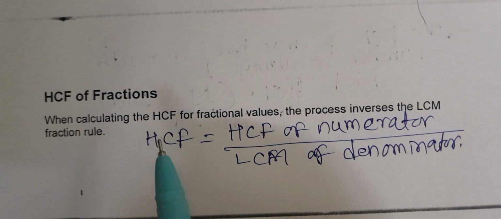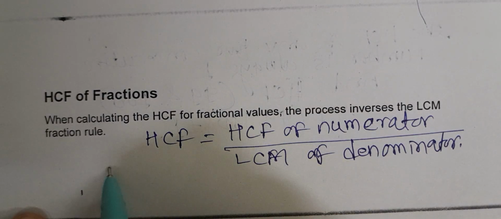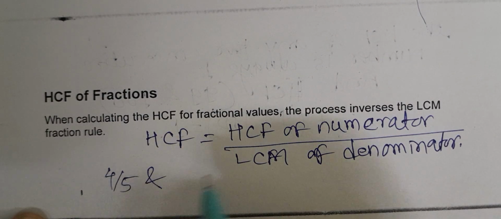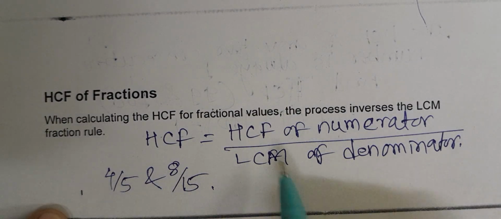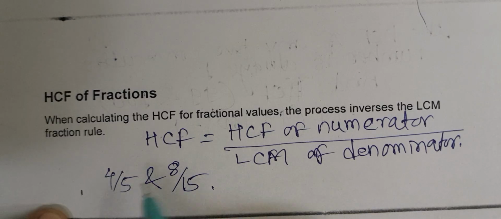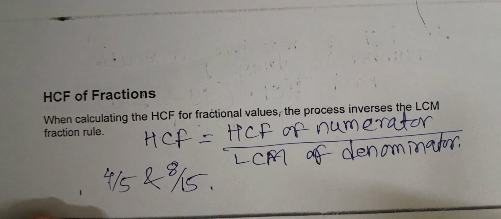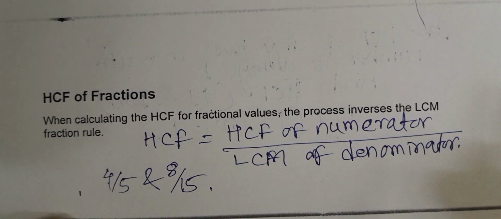So for example, if you take the fractions 4 by 5 and 8 by 15. So what will we do in this case? The HCF of the numerators 4 and 8.